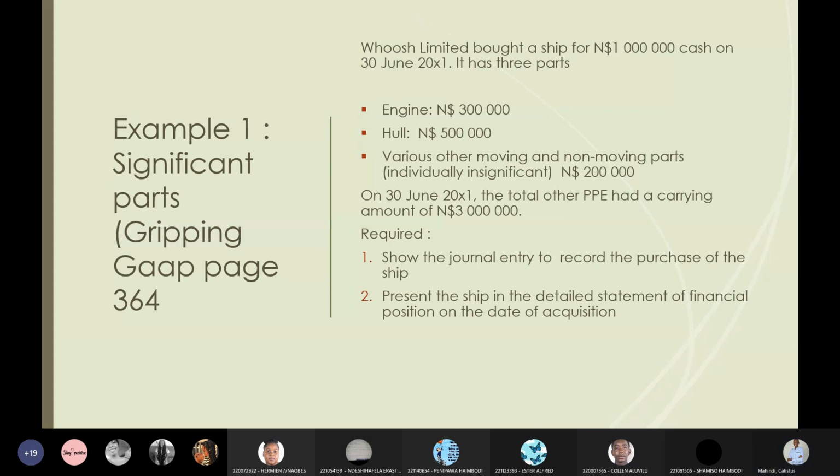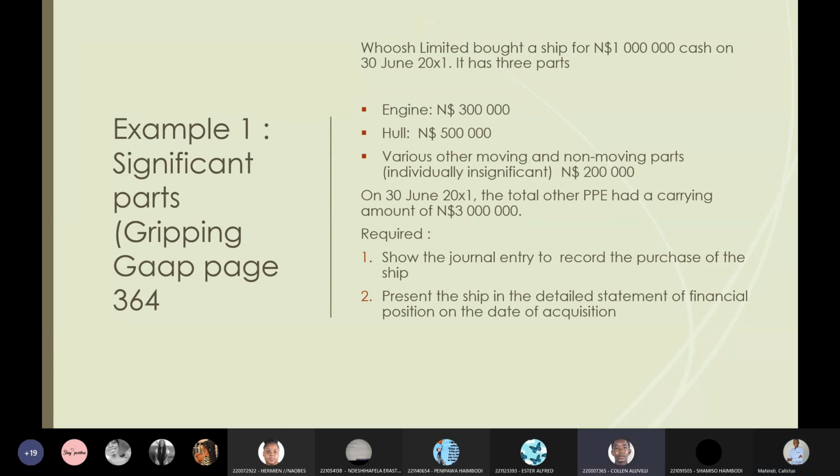The learning process is always facilitated by doing examples, and I expect participation when we're actually dealing with these examples. So we have Whoosh Limited bought a ship for 1 million in cash on 30 June 20X1. It has 3 parts. It has the engine and it has the hull. You can consider the hull the body, and it has various other moving and non-moving parts, which individually are insignificant, but together they are a major component.